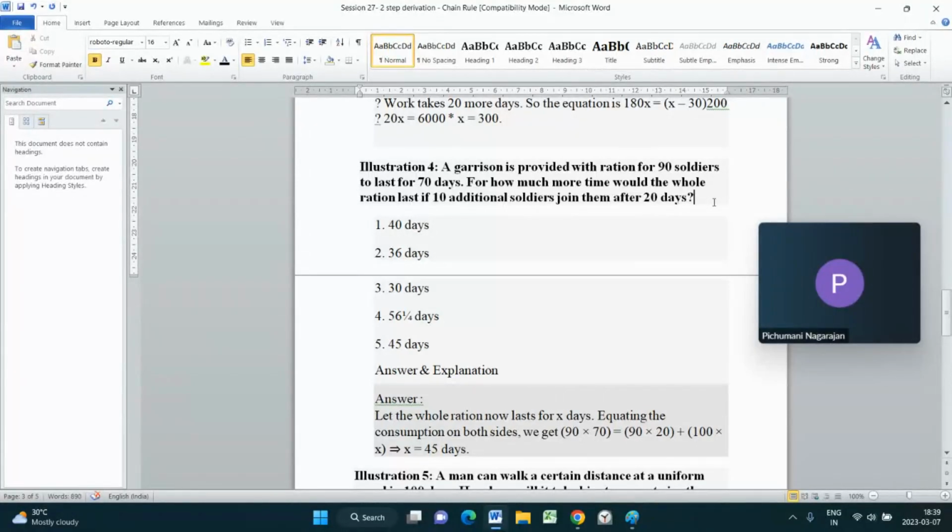There is a twist here. After 20 days, மொத்தம் 70 days இருக்காங்க. ஆனால் they are going to join after 70 days.